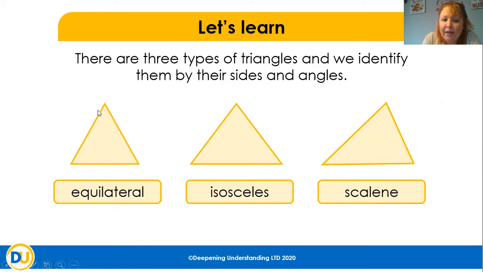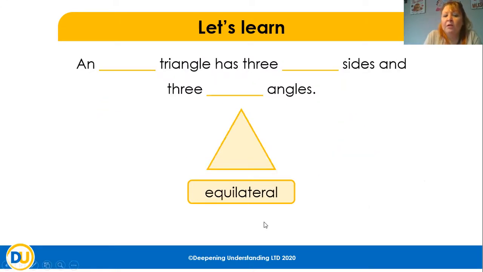It's an equilateral triangle. Then we've got an isosceles and we've got a scalene. Now, I know that the right angle triangle is not on there, but we will talk about that a bit further down the line.